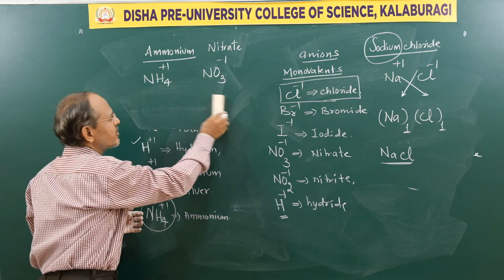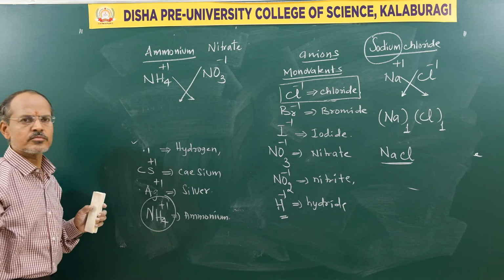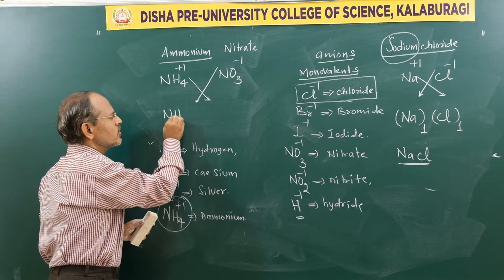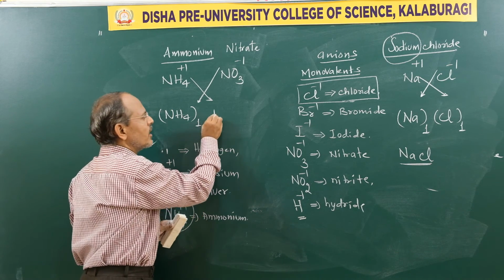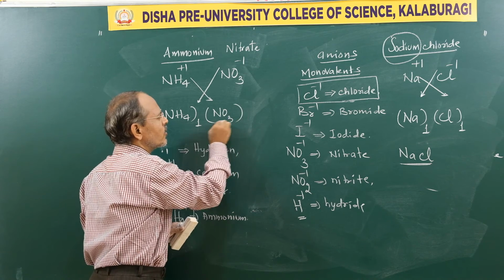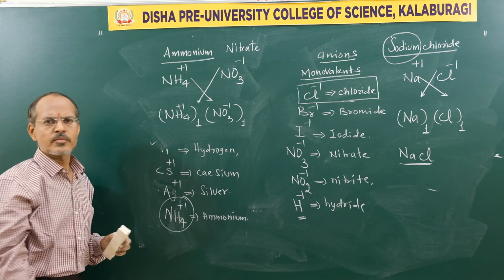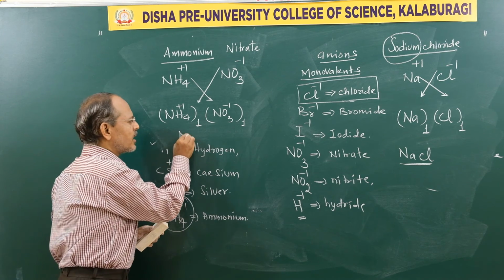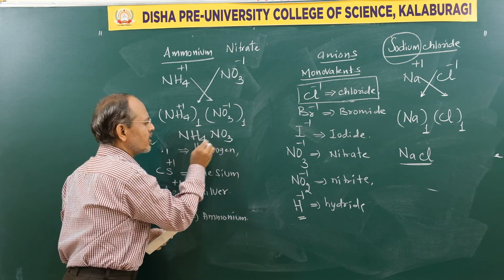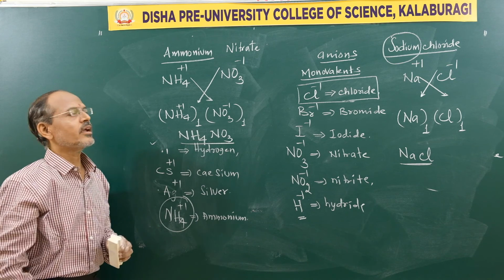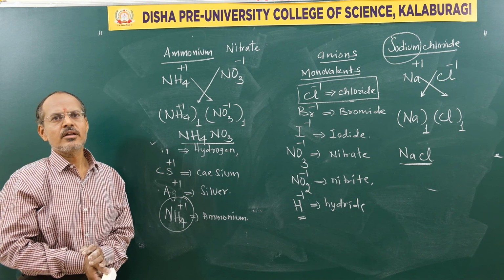Then again the second step is exchange the valencies, not the charge. NH4 one time, NO3 one time. Here I will write the sign also. Then the formula becomes NH4NO3, that is ammonium nitrate. This is how to write the formula.